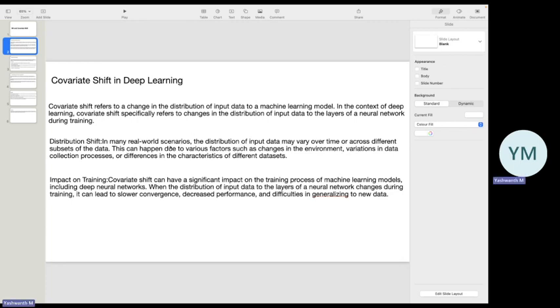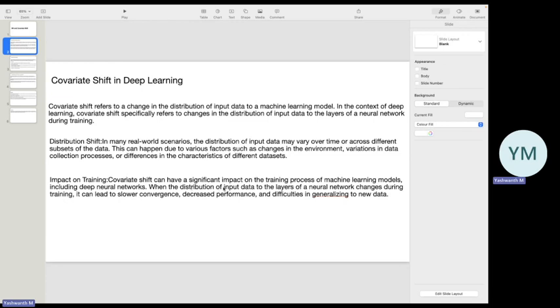So what is the impact on training? Covariate shift can have a significant impact on the training process of ML models, including deep neural networks.